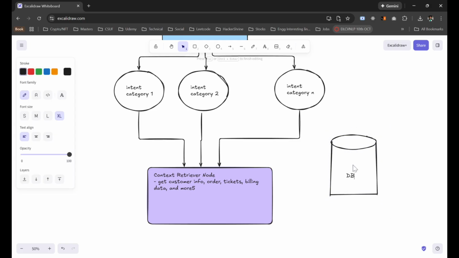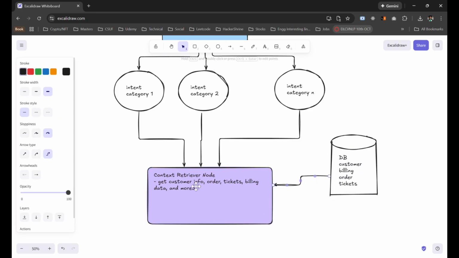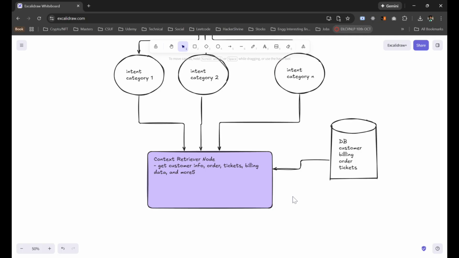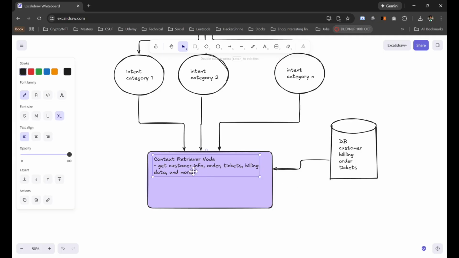So this is your database with customer data, billing that we just discussed. So something like this is already stored. It would be a big database, and you start pulling all that information to understand how we can resolve it in the quickest way. But this is just the information of the customer.